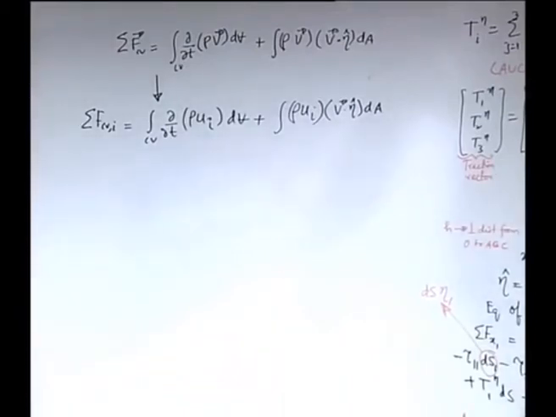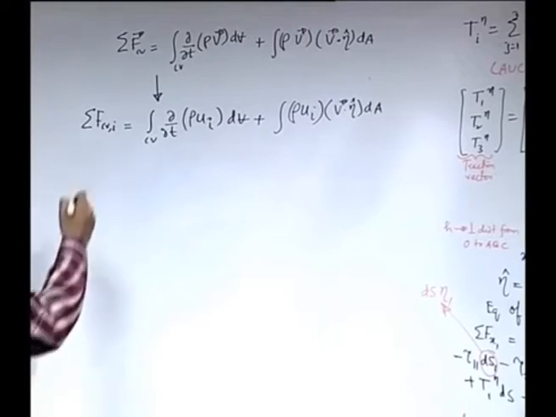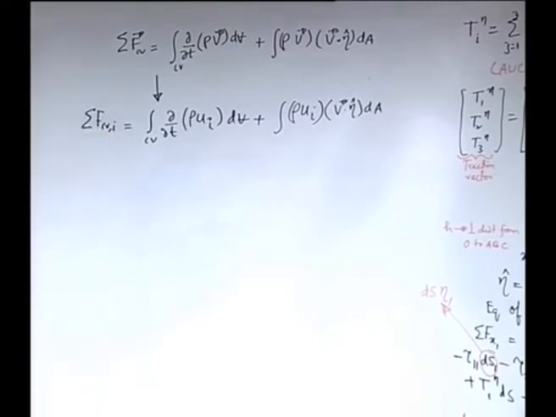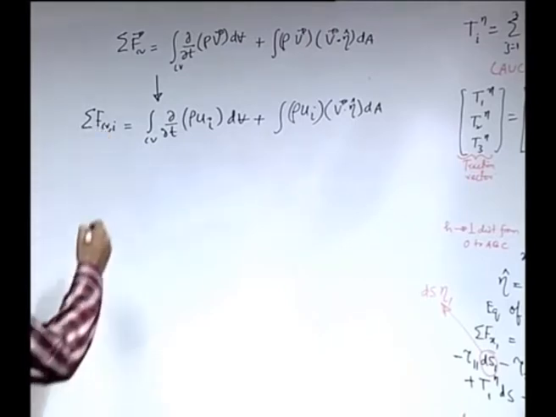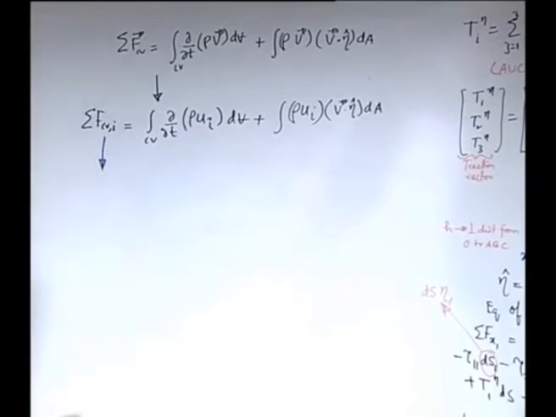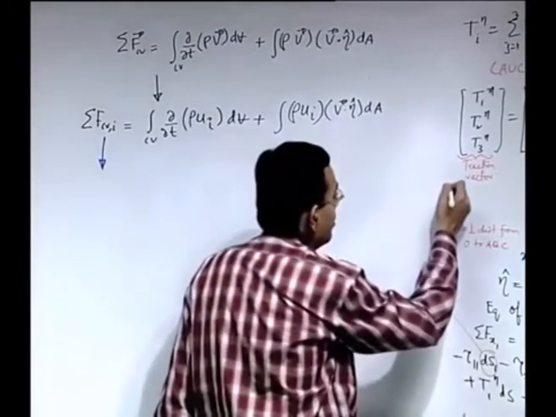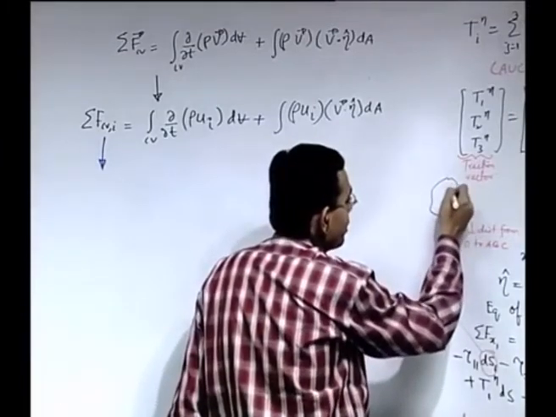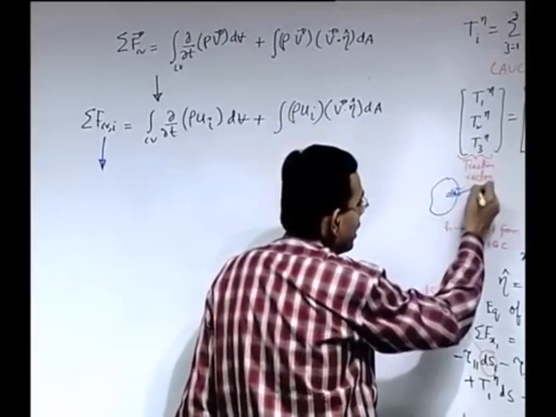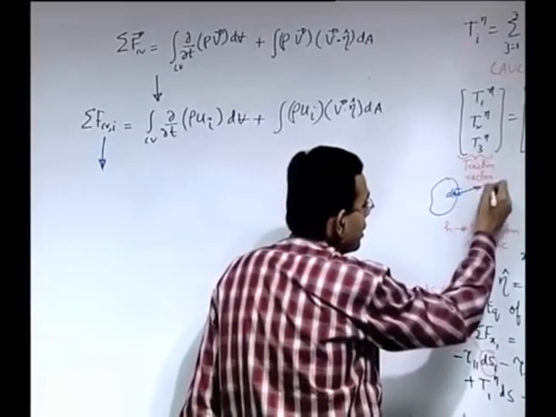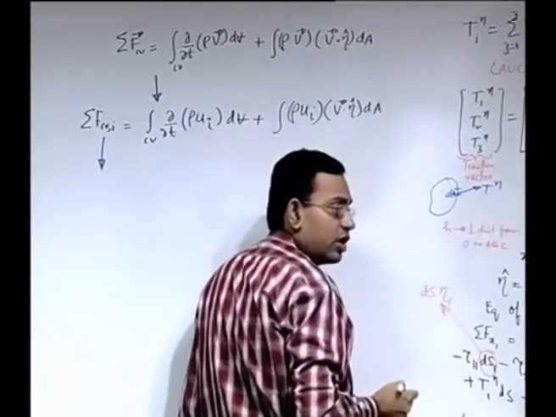Now, what we will do is we will write the force on the control volume as the sum of the surface force and the body force. So, what will be the surface force? If we consider a small elemental surface, let us say dA, and let us say that eta is its normal direction.